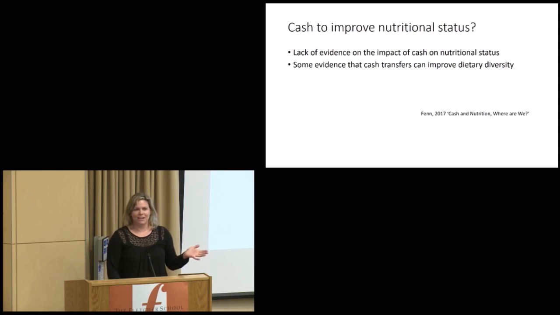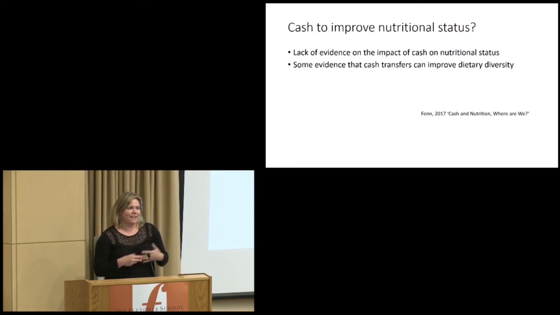I don't have anything very interesting to share except to say that there really is a lack of evidence that giving cash transfers in lieu of treatment, if you're trying to improve nutritional status, works. The research that has been conducted has not shown a strong impact on just doing cash transfers and having wasting reduced, for example.